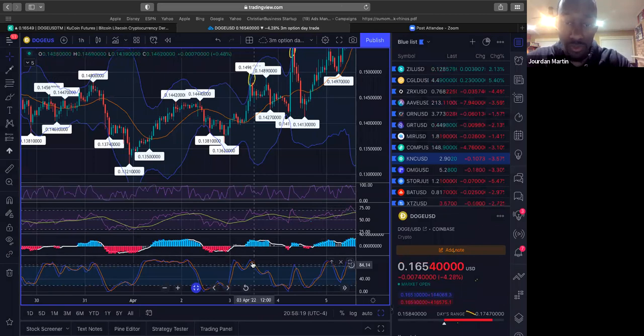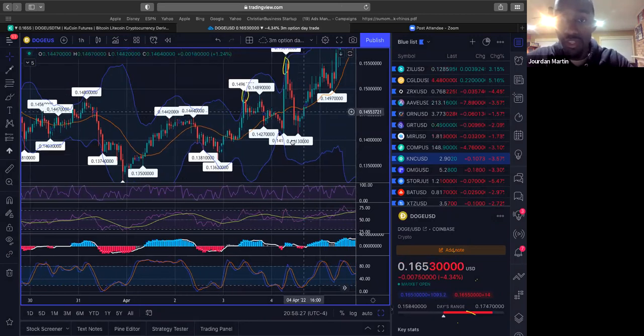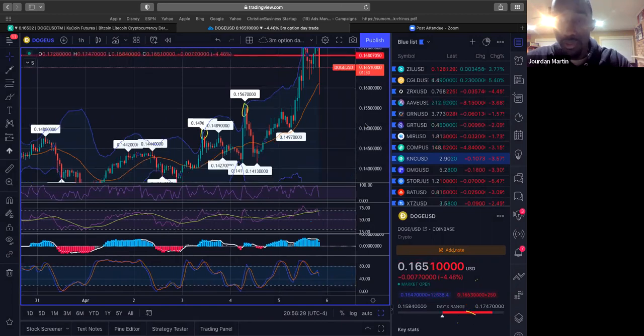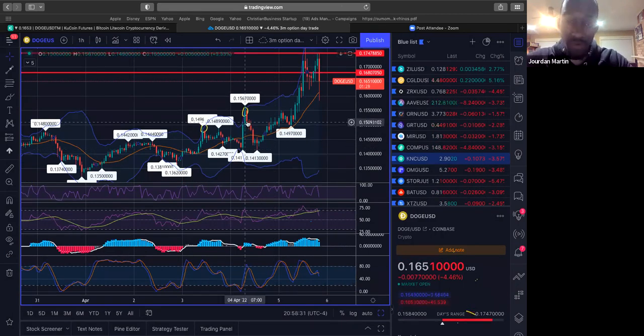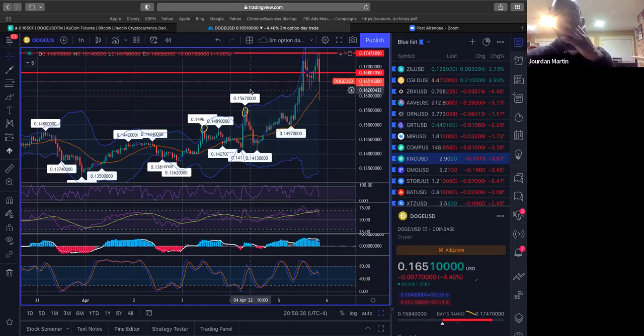Once the orange goes on top of the blue, then you'll enter. So not just off the touch, because sometimes it's touching and it'll keep going up. But once I get that stochastic RSI cross, and the price is overextended up here as well, I'm like, okay, cool. That's how you start combining indicators, if you're doing an indicator-based strategy, that's how you start stacking different stuff.